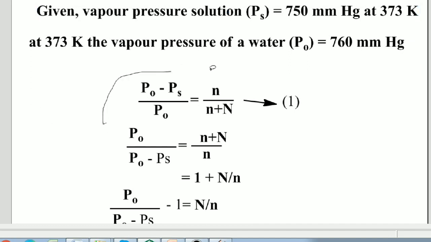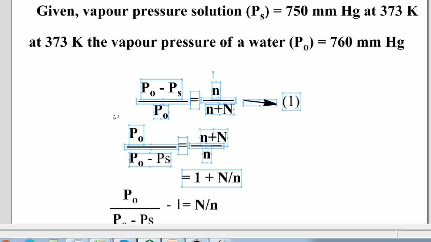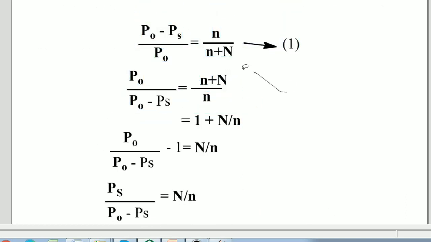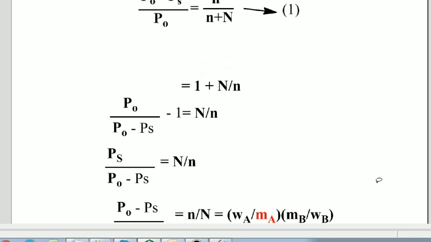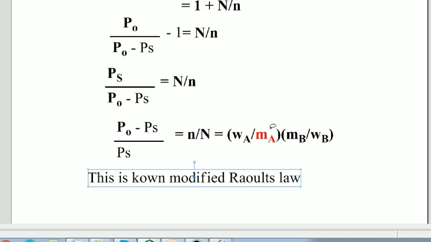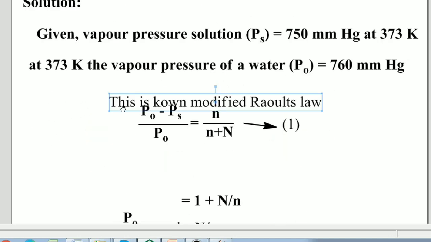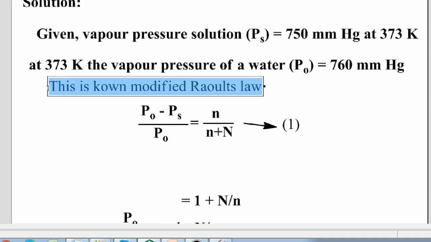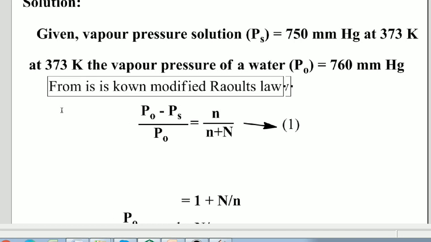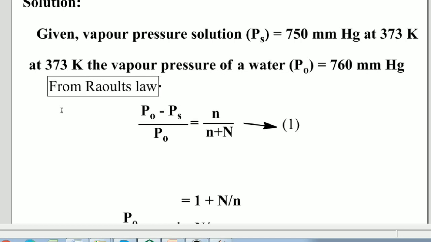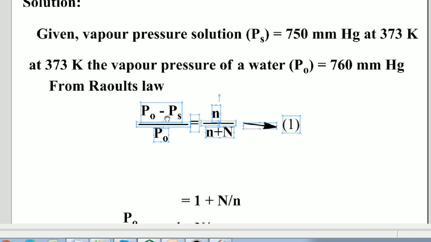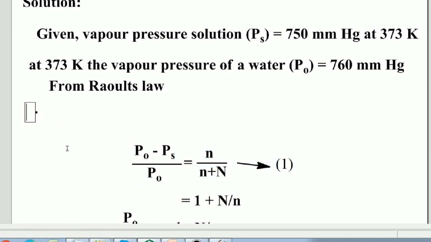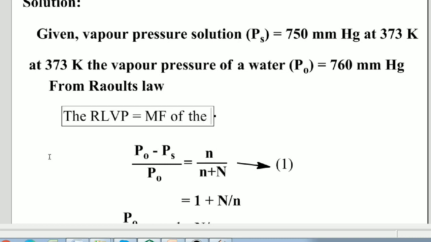So students, from the definition of Raoult's law, we can write that the relative lowering in the vapor pressure is equal to the mole fraction of the solute.